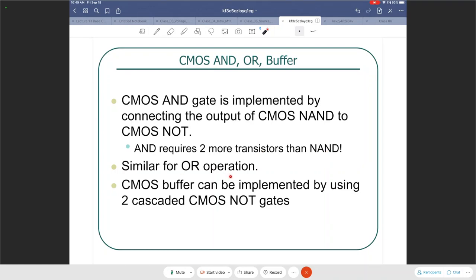So if you want an OR gate, you would say NOR followed by NOT. That's how you would get OR. And a CMOS buffer can be implemented using 2 cascaded NOT gates. So you would put one NOT gate and then you would follow it up with another NOT gate. That's how you would get a buffer. So that essentially requires 4 transistors. One buffer is going to require 4 transistors.